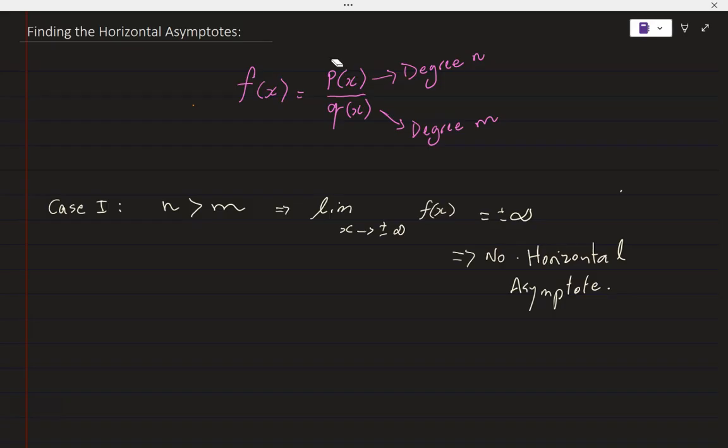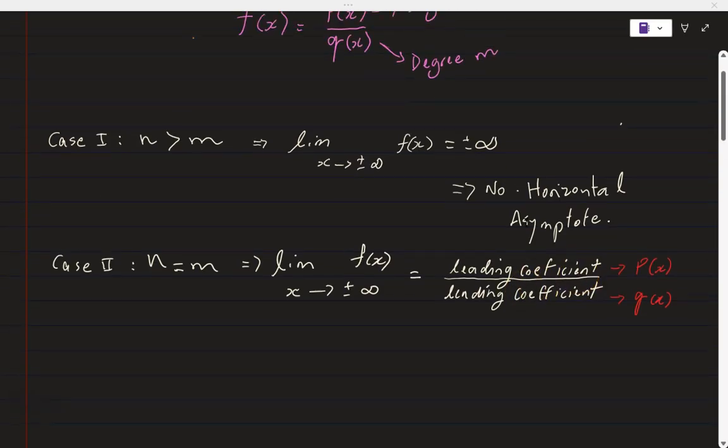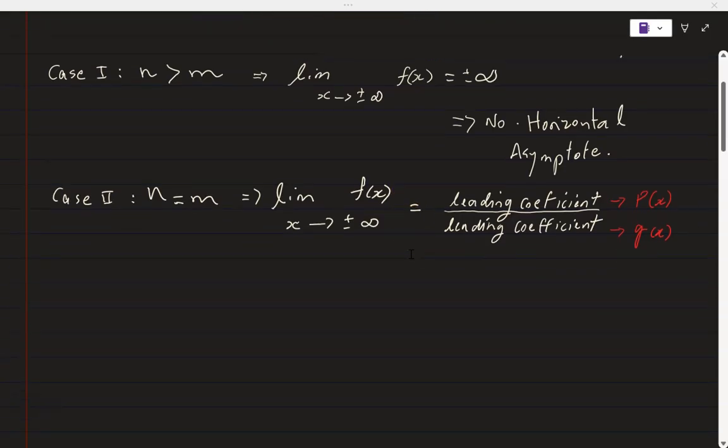Okay, that's case one. Case two: what if n is equal to m? In that case, when you take the limit as x approaches plus or minus infinity of f of x, what you will get is the leading coefficient of the numerator polynomial p of x divided by the leading coefficient of q of x, which is the denominator. That's very simple.